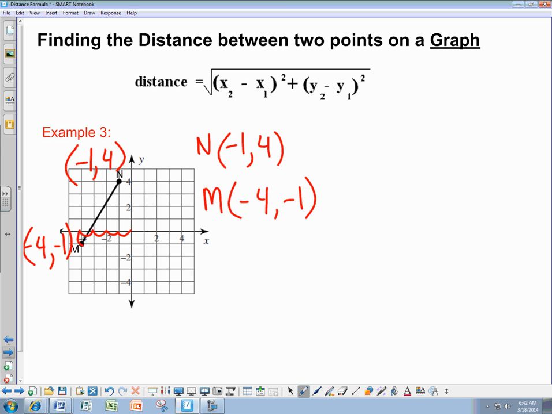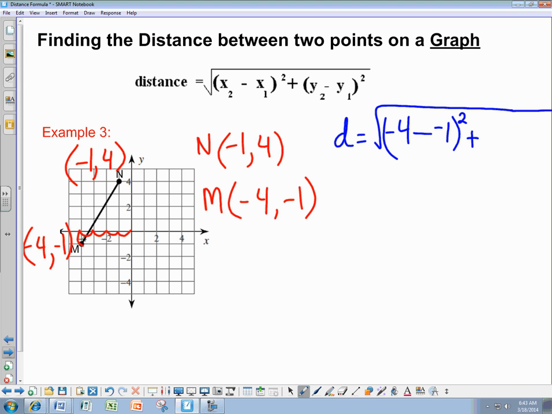All right, now I'm going to take these numbers and put them into our distance formula. I'm going to take the two x values and subtract them. I'm going to start with the M, negative 4, minus our first x value for N, which would be negative 1, and I'm going to square it.